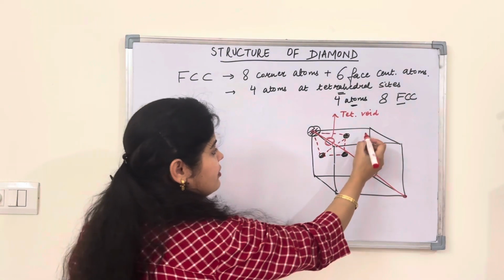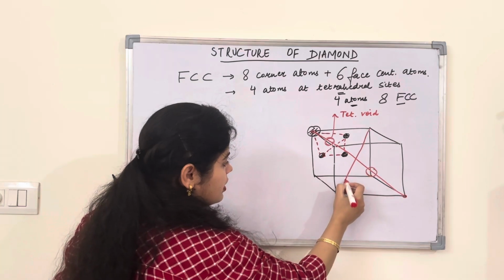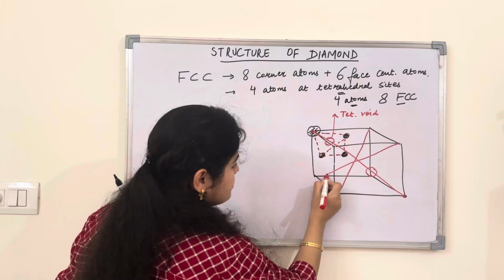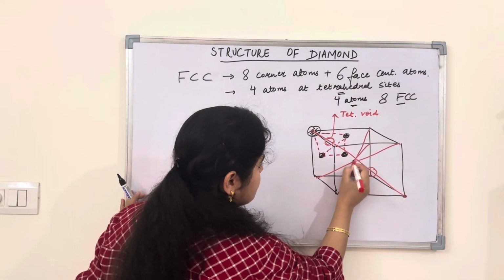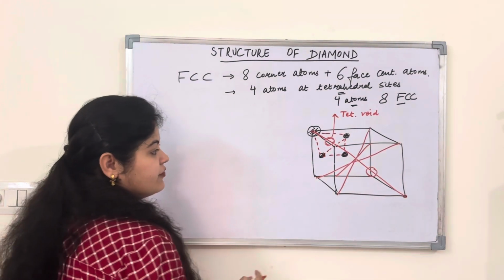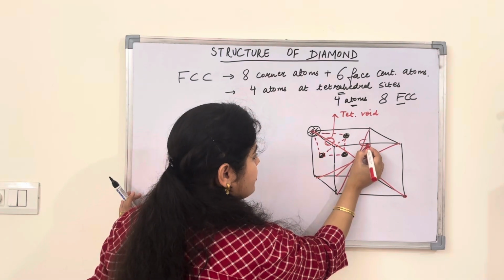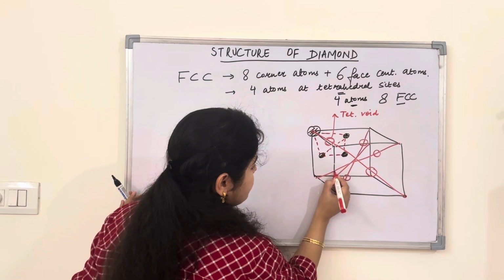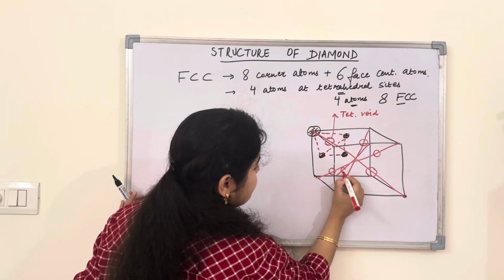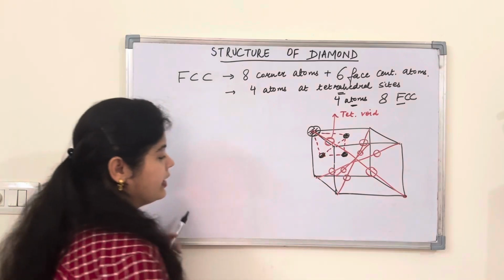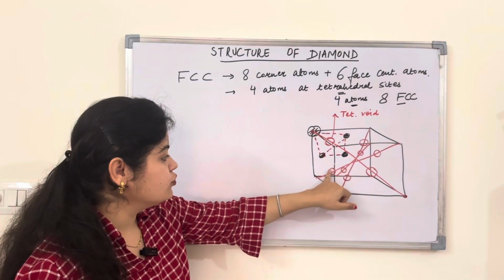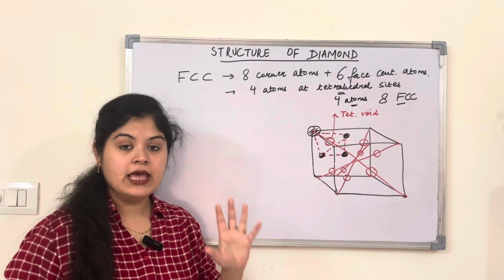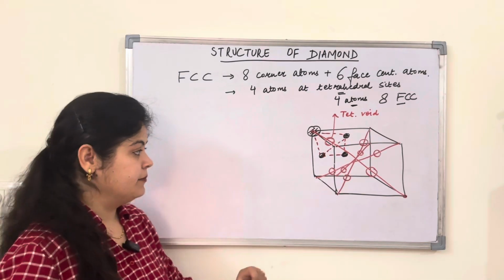And similarly, there will be 3 other body diagonals, and there will be tetrahedral voids on all those body diagonals. 2 tetrahedral voids per body diagonal. So there will be 1, 2, 3, 4, 5, 6, 7 and 8 tetrahedral voids in one FCC unit cell.